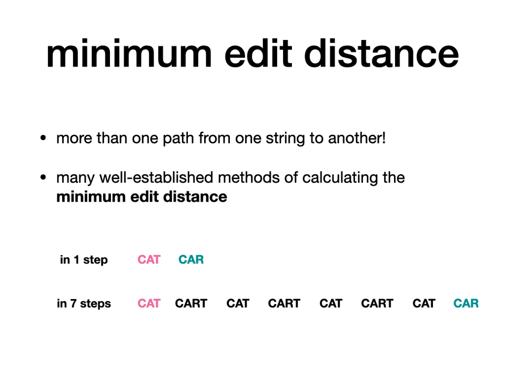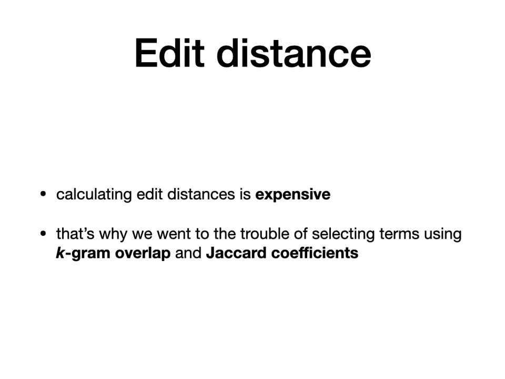So the thing you need to know about them, though, is that calculating edit distances in this way and finding the minimum distance between two terms is expensive. You're sort of checking tables and looking at examples and paths, and there's a whole lot of weird processing going on under the hood.